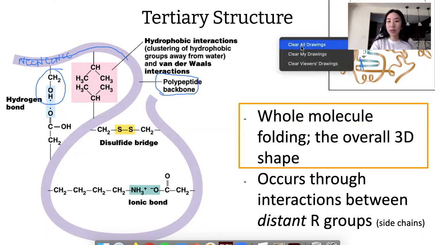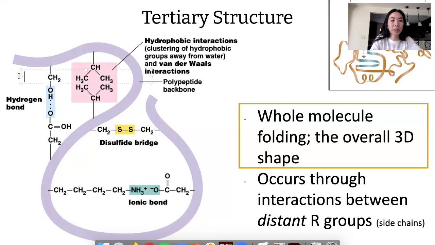Now, how about, okay, so this is serine. How about this one below? See if we could figure out what amino acid this one is. I'm going to look also because I don't know.